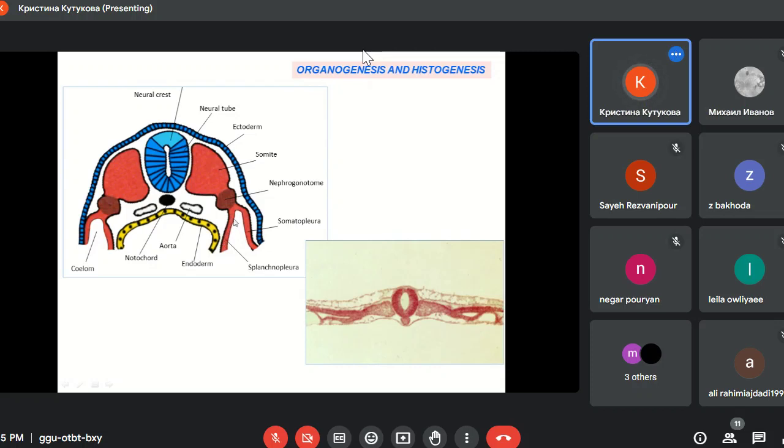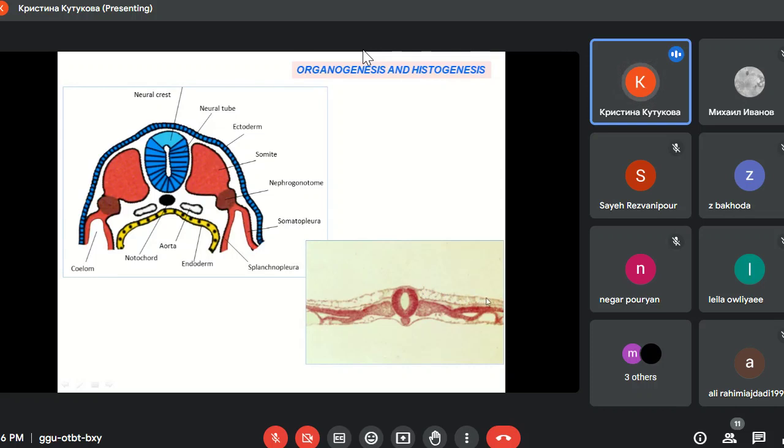And lateral plate mesoderm with two layers: inner layer or visceral layer or splanchnopleura, and outer layer, which is parietal or somatopleura. So this is the real picture of histological section of the embryo at this stage. So what we see here, here will be ectoderm.